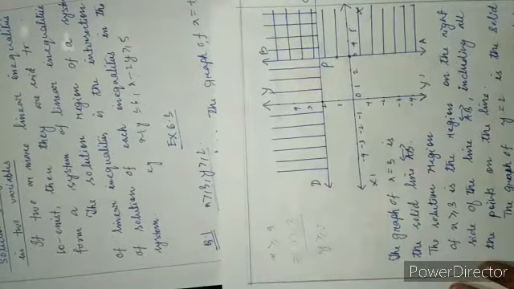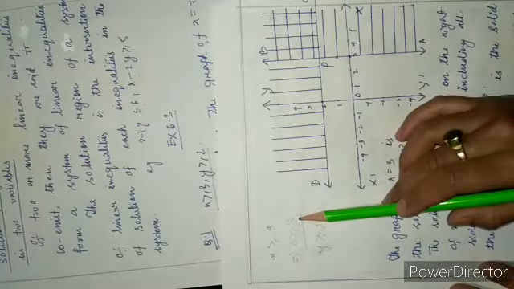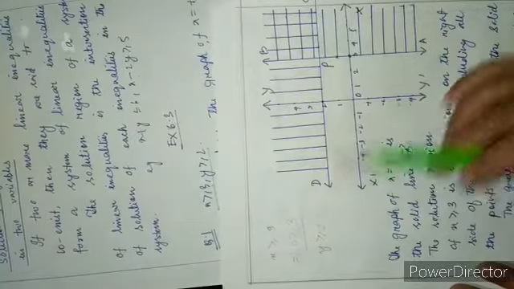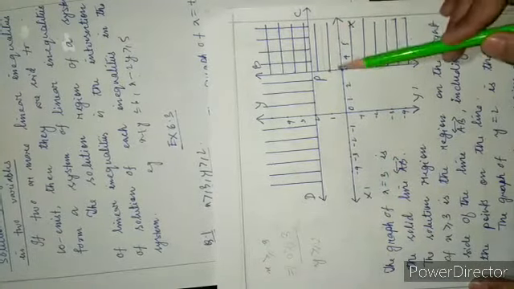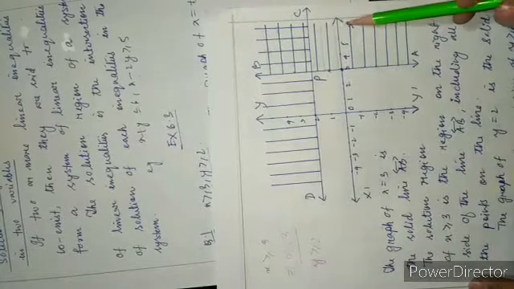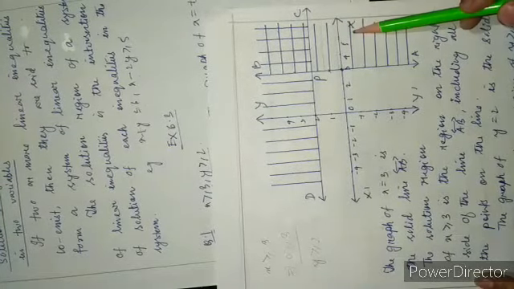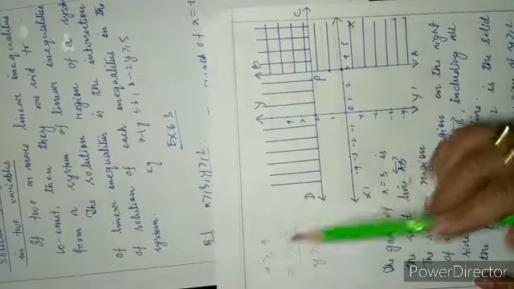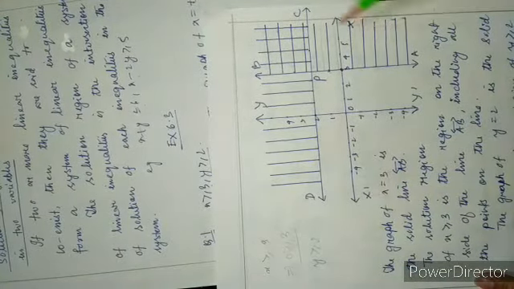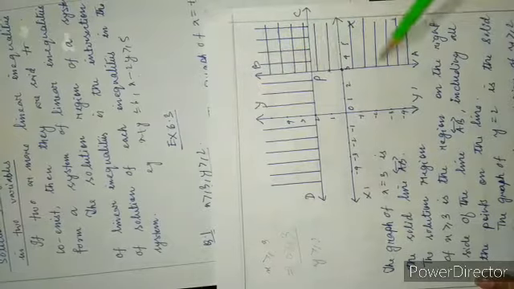So the origin side is not the solution. The solution region of the inequality x is greater than or equal to 3 is the region on the right side.